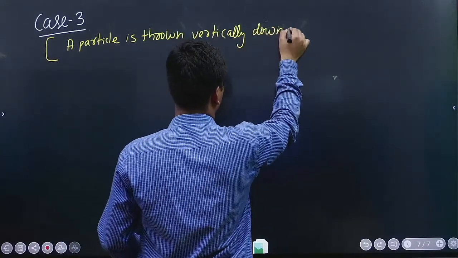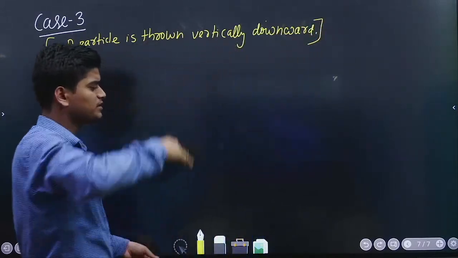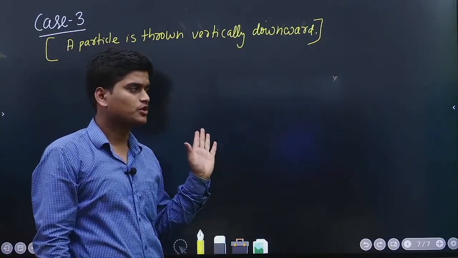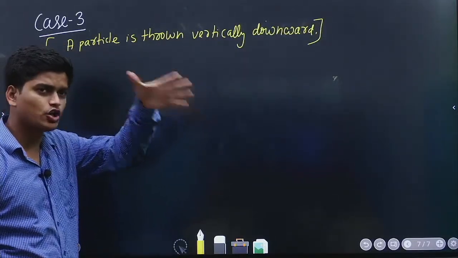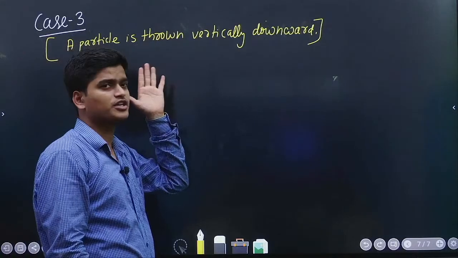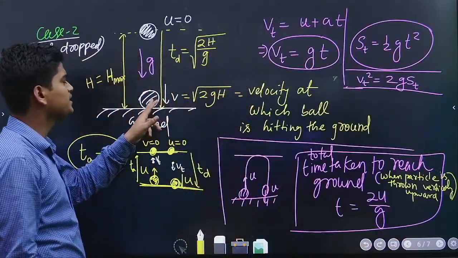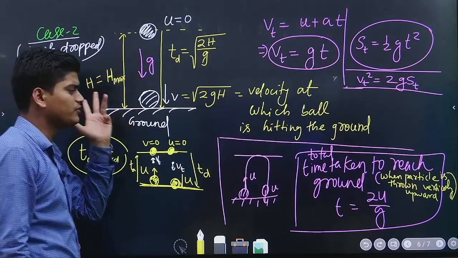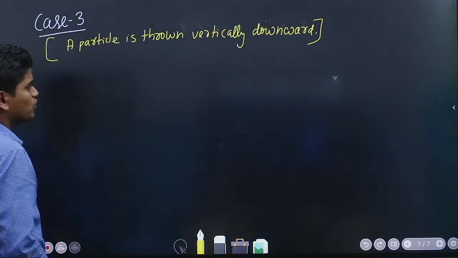Suppose you are throwing a particle vertically downward, and if you are just dropping it, then this is the second case you can do. That second case is a continuation of the first case, or normally if a particle is just dropped from a certain height, then you can find the time and the velocity with which it hits. You can find the distance and everything. It's not an issue. Now here a particle is thrown vertically downward.